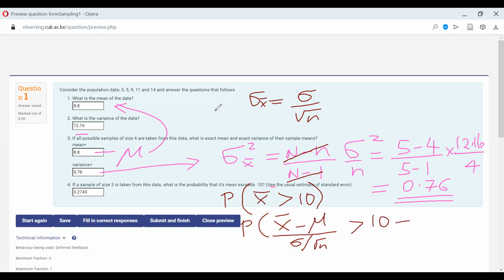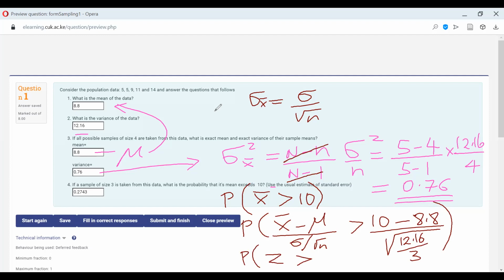We subtract the mean, which is 8.8, the overall mean, divided by sigma over root n, or just put the square root to cover all, 0.16 over 3. So that is what we are supposed to compute. And now we are saying the probability that this Z is, the usual way, bigger than. Now we compute that quantity.